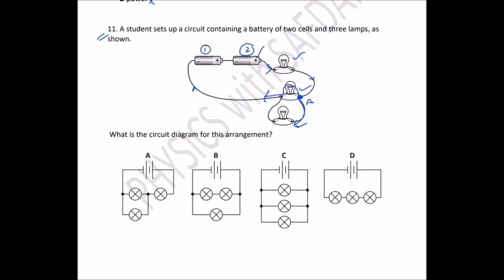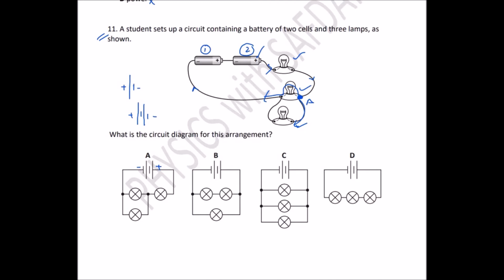Look at options 1 and 2. Option A, first mark the polarities plus and minus. If you have a symbol like this, it shows a single cell with positive and negative terminal. If you have lines like this, it shows a combination of cells, that is called a battery. Okay, so look at option A, plus and minus.